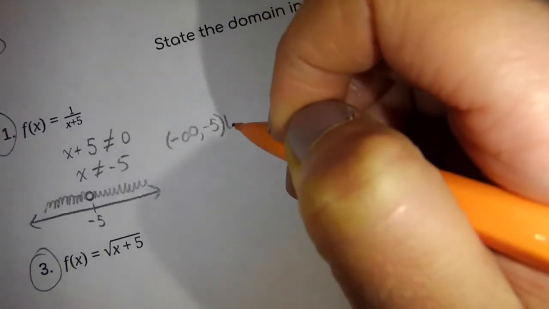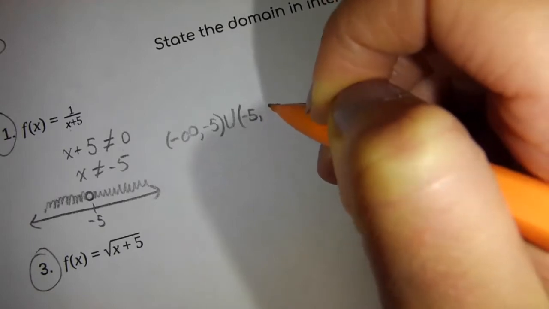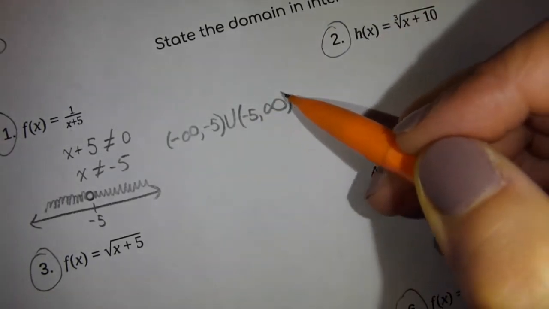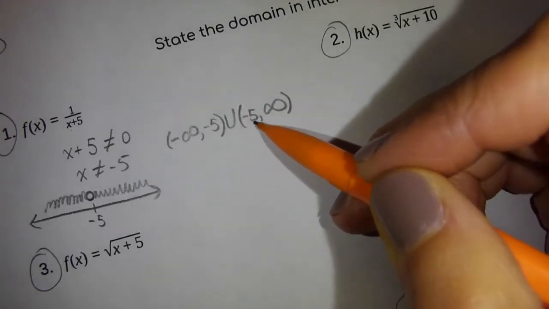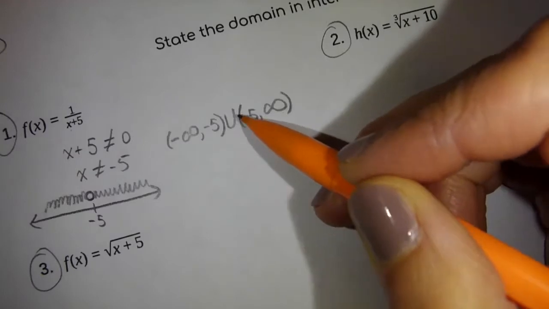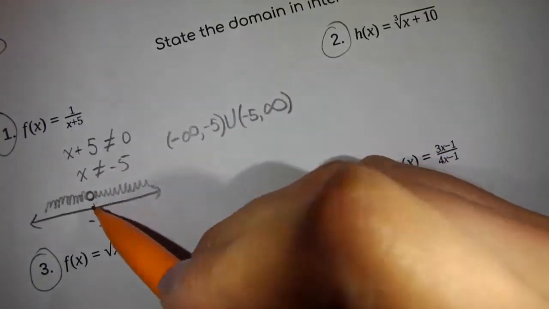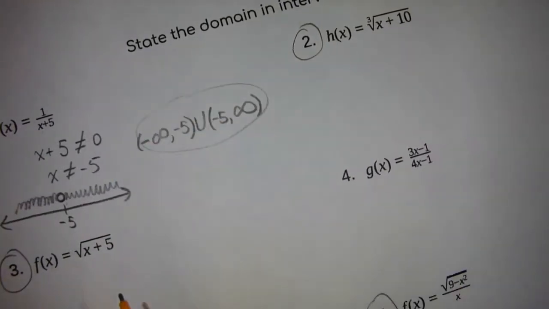And then we'll do union, and then from negative 5 up to positive infinity. We put these parentheses when we have infinity and when it's not including that value. So this is saying we have a gap at negative 5 in our number line. Okay, so that's our answer there.